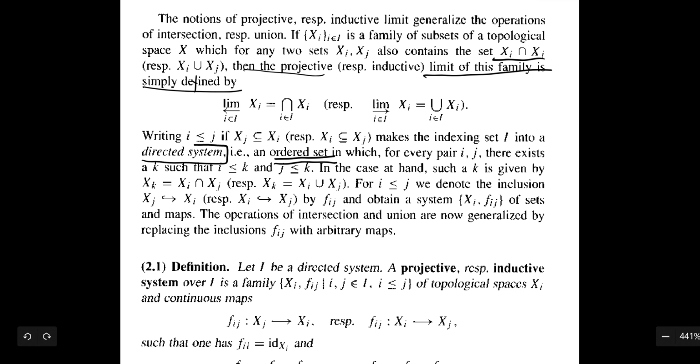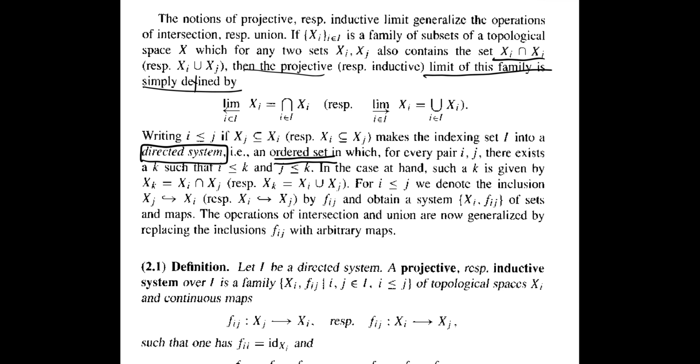Here we are defining what is a directed system. A directed system is an ordered set in which for every pair i, j there exists a k such that k is bigger or equal than both of them. In the case at hand, such a k is given by the intersection. Okay, that's what we said.